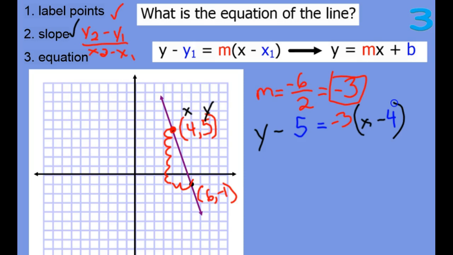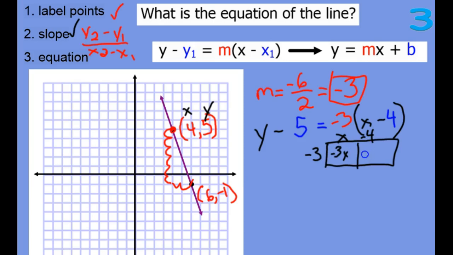Now we need to convert it into slope-intercept. So what we need to do first, if you remember, is to get rid of these parentheses. We get rid of the parentheses by drawing a box. On top, we're going to have x minus 4. On the side here, we're going to have negative 3, because our negative 3 is out front. So negative 3 times x is negative 3x.